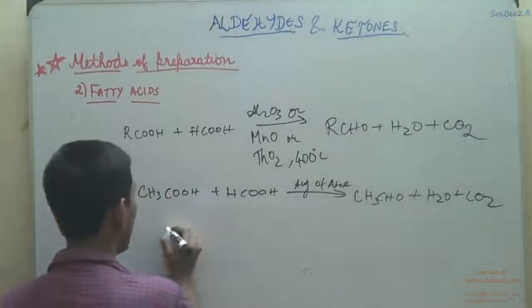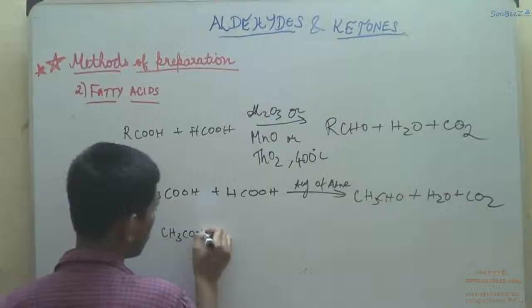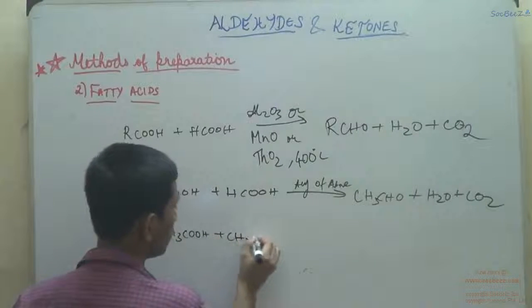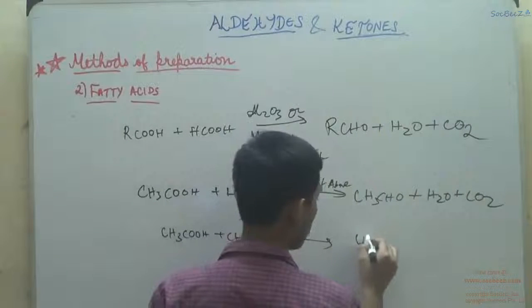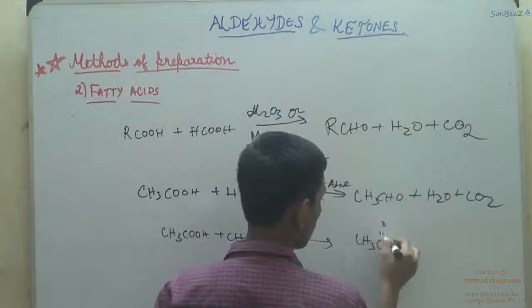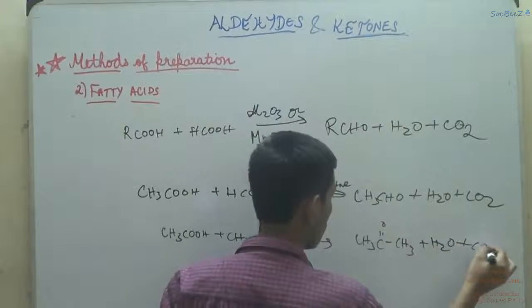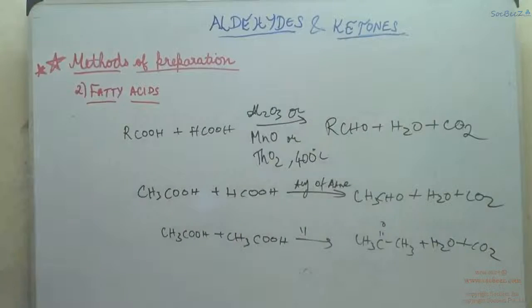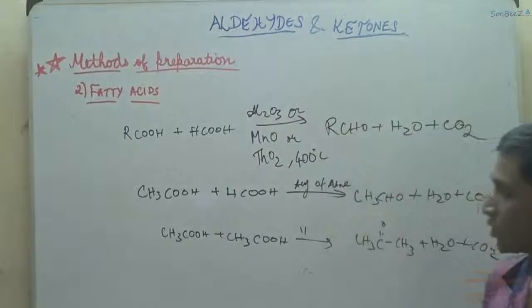Instead of formic acid, if you use both acetic acids, then you get the ketone.